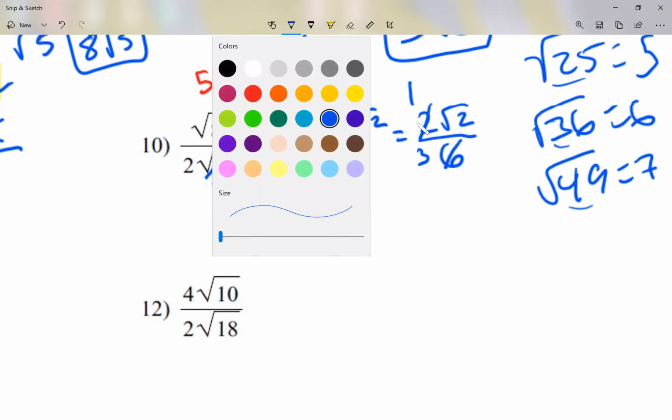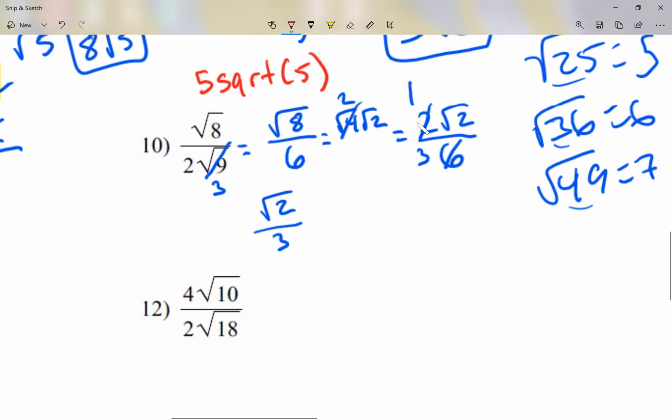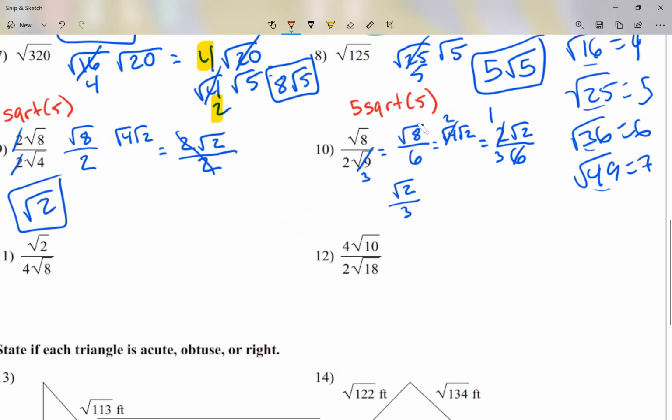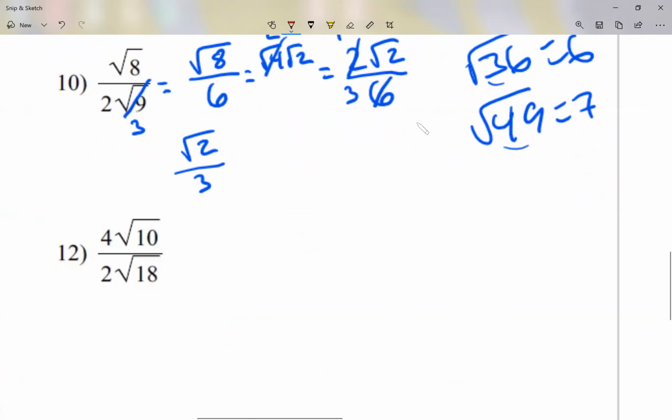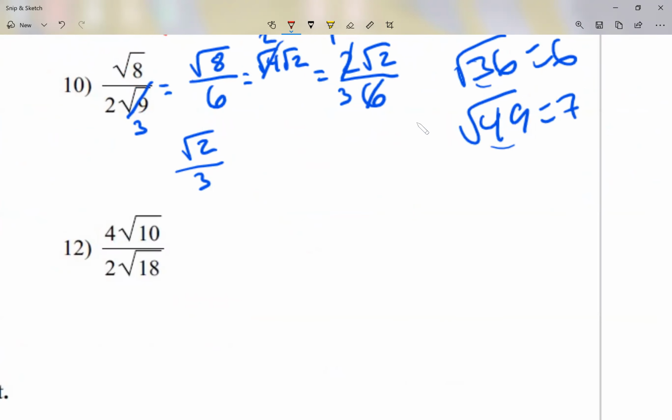Now, how am I going to type that? The way we type fractions, we're going to do a slash like this. You should see that at the bottom right of your keyboard. That's how we're going to write fractions. Anything before that is what goes on the top. Anything after that is what goes at the bottom.